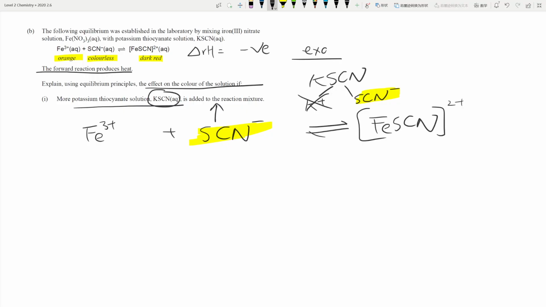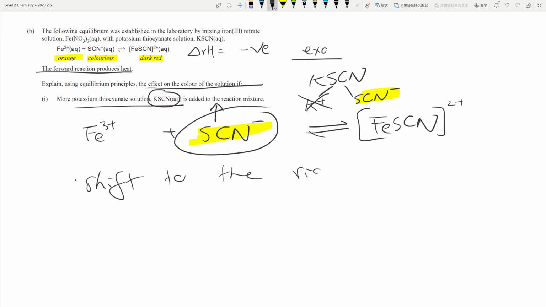If that concentration increases, the system is no longer at equilibrium. How does a system minimize that change? How do they reverse what we did to this particular system? It will want to get rid of the extra SCN minus that you added in. So the system will shift to the right to use up the added SCN minus.